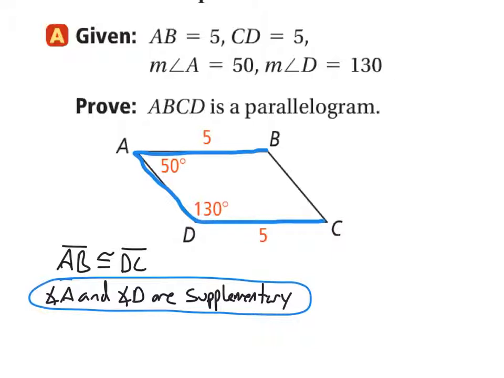Those angles were called same-side interior angles, or consecutive interior angles, and they are supplementary only when lines are parallel, cut by a transversal. So because of that, I can prove that line segment AB is parallel to line segment DC.